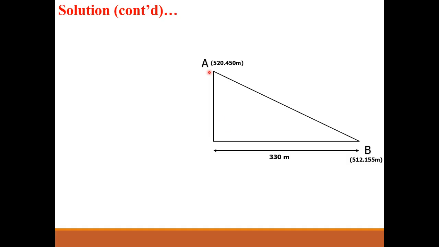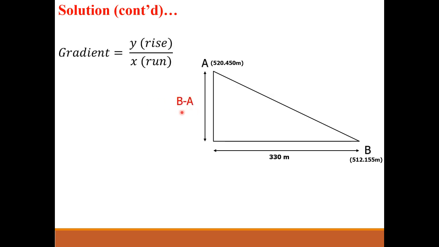We want to calculate the gradient or the slope between the 2 points. First of all, we should know the vertical distance between the two. So B minus A will give you the vertical distance.